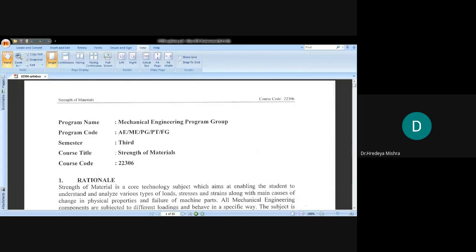If you run the fan beyond 240 volt, then what happens? The fan life is decreased. It is not sufficient for the 5 year life. And you claim, sir, you told us the fan life is 5 years, but it failed in 2 years or 1 year.